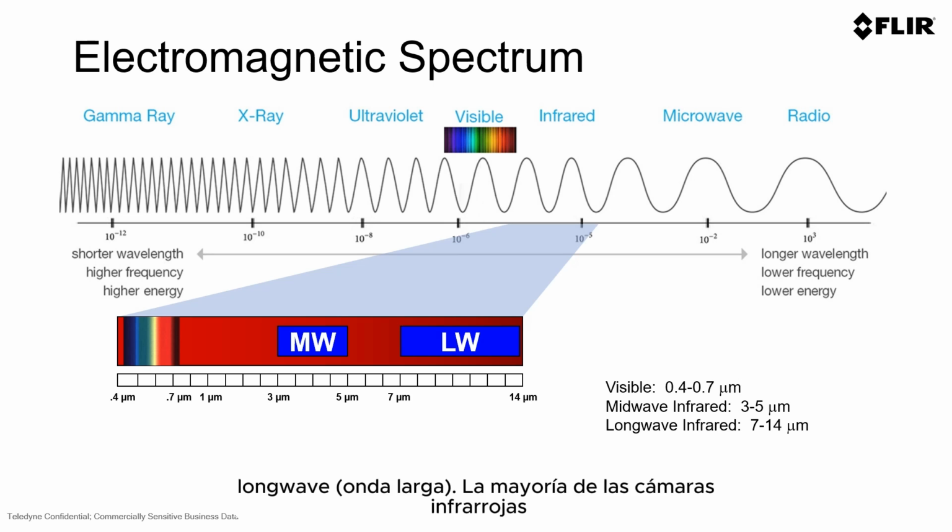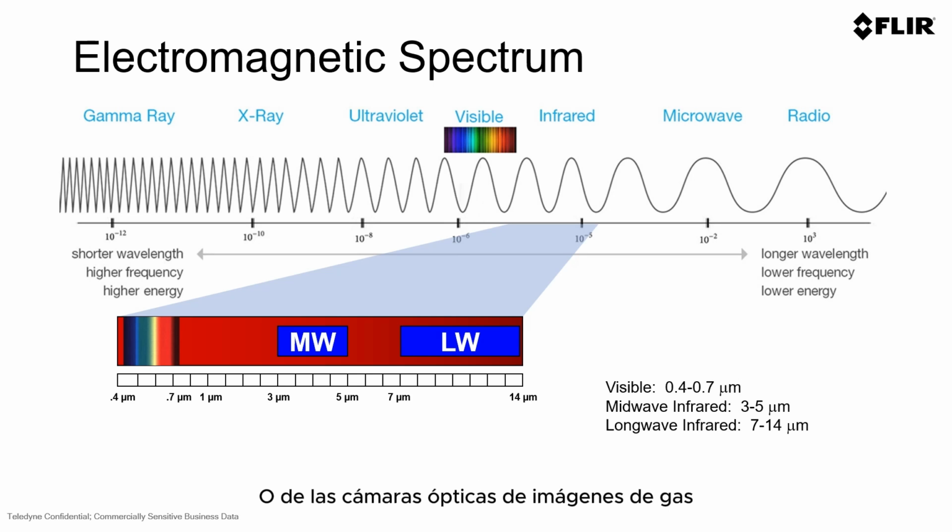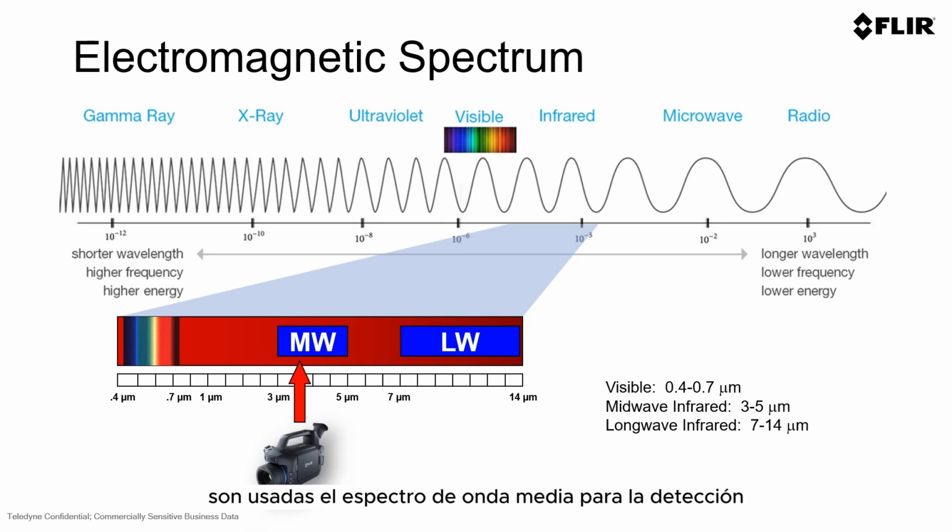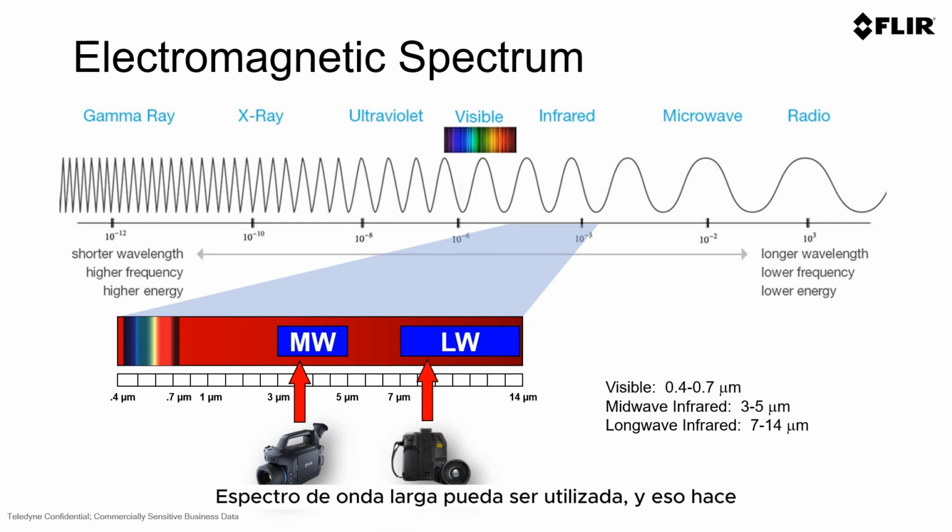Most infrared cameras or optical gas imaging cameras are used in the midwave spectrum for hydrocarbon detection. That spectrum allows a camera to see all hydrocarbon gases in a broad spectrum between 3.2 and 3.4 microns. There are some gases, like methane, that allow a camera that operates in a long wave spectrum to be used and makes it easy to see individual gases in certain scenarios.